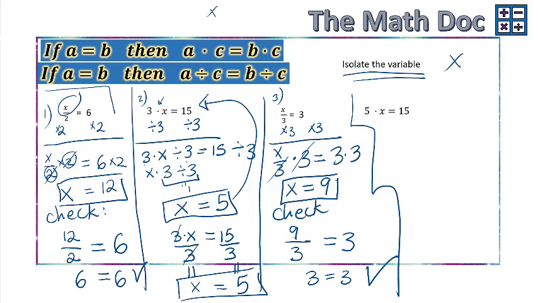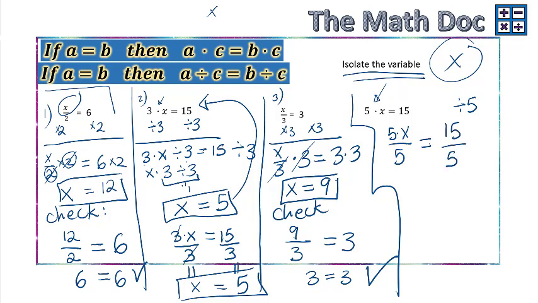We have here 5 times x. We've used the dot for our multiplication symbol. 5 times x equals 15. And this time, we're going to want to divide by 5, right, in order to isolate our variable x. So we write 5 times x divided by 5 equals 15 divided by 5.